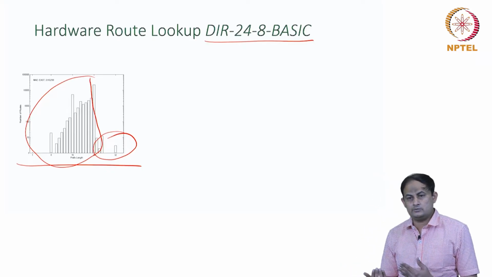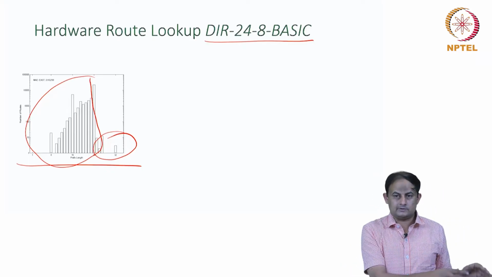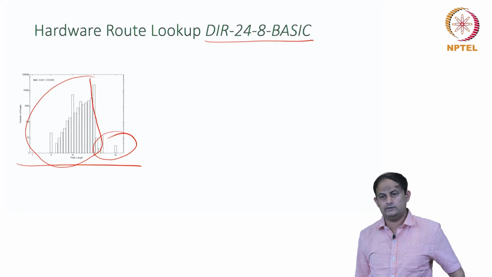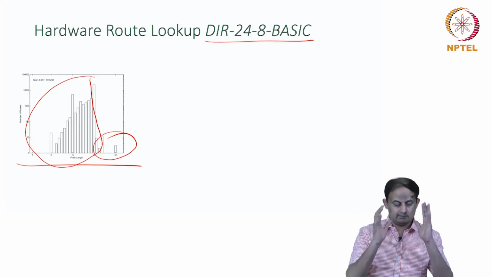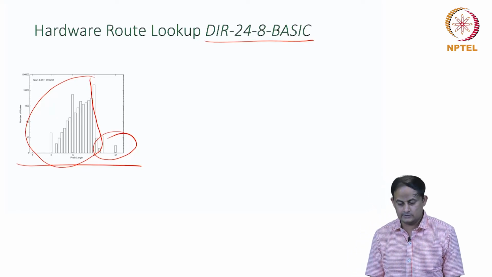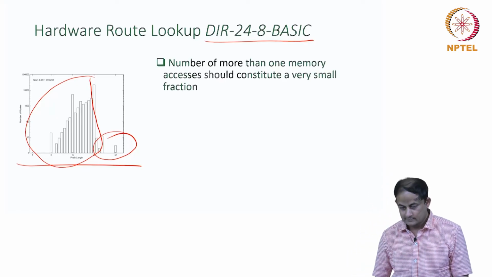It makes sense to concentrate all of the prefixes up to length 24 in one table and the remaining ones in another table, without wasting memory. That is the motivation for this kind of architecture.